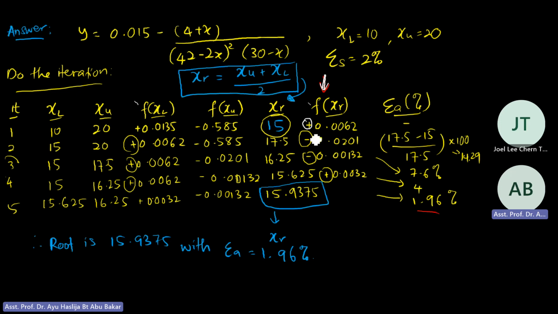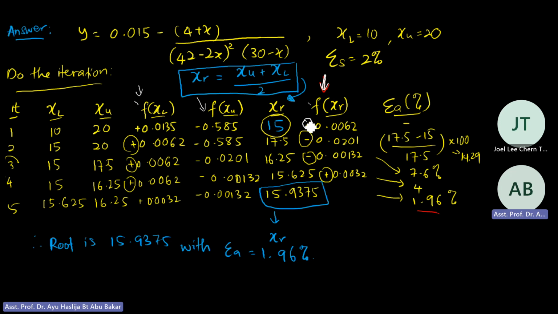Now, another method is the easiest one. You see the FXR is positive. So for the next iteration, this positive value will replace the positive value, either from FXL or FXU. I repeat: FXR calculated for the first iteration is positive.